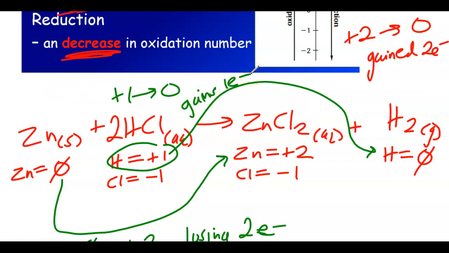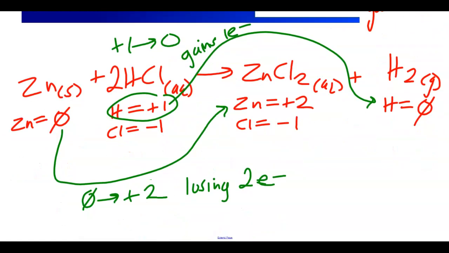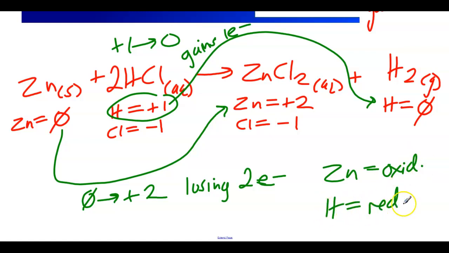Each hydrogen atom is gaining an electron. So that tells us what's going on. Zinc is the one losing electrons, so that means it's oxidizing, and hydrogen is the one gaining, which means it's reducing. So by assigning the oxidation numbers properly and seeing what's changing, you can predict what the reaction is that's happening.